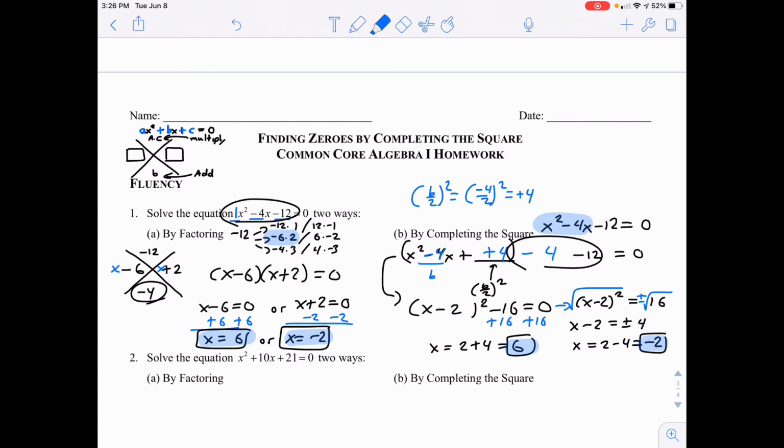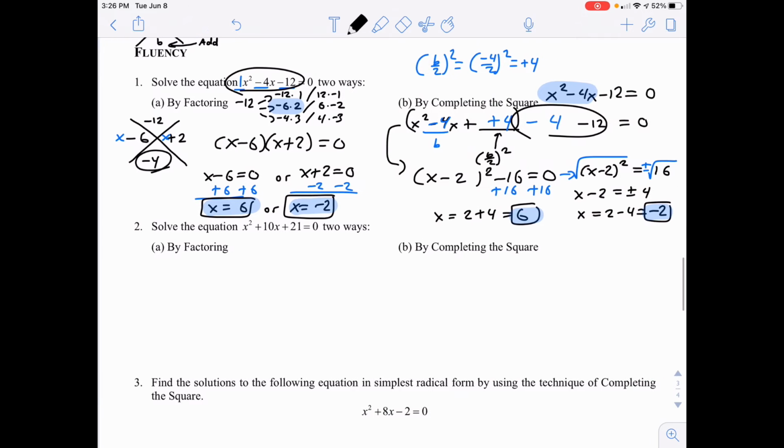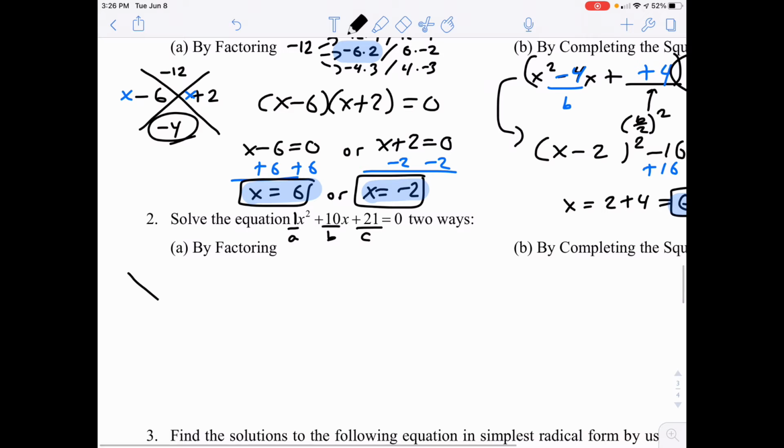Number 2. So by factoring, a is 1, b is 10, c is 21. So to complete the cross, a times c would be positive 21, and b would be 10.